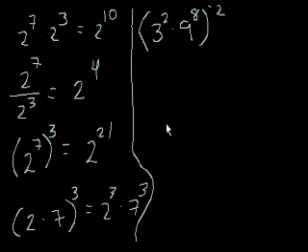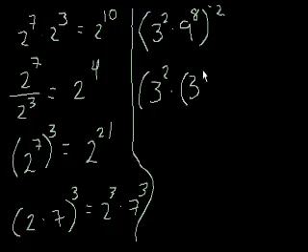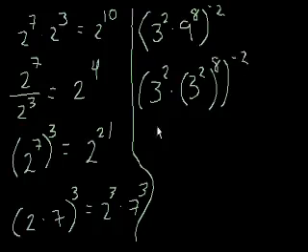So what can I do here? Well, 3 and 9 are two separate bases, but 9 can actually be expressed as an exponent of 3, right? 9 is the same thing as 3 squared. So let's rewrite 9 like that. That's equivalent to 3 squared times 3 squared to the 8th power, and then all of that to the negative 2 power, right?